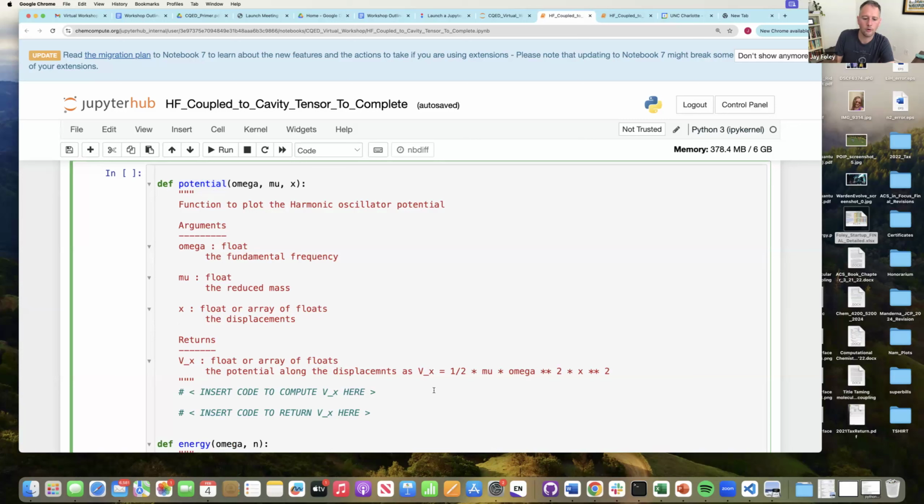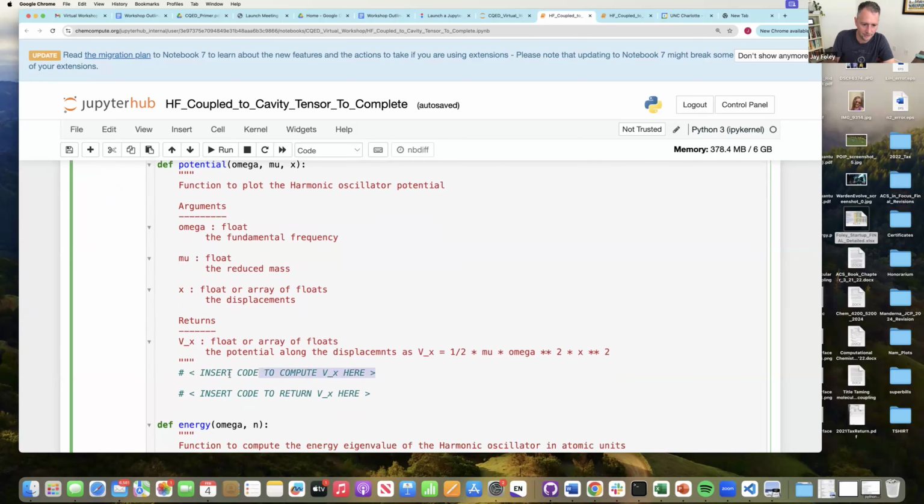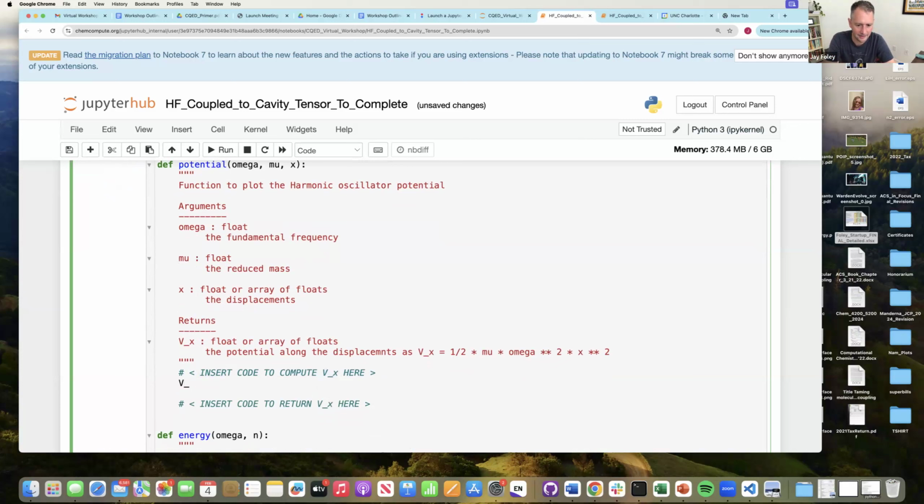Okay, so we'll come down here to this comment, insert code to compute v sub x here, and we'll say v underscore x is equal to the number 1/2 times the input argument mu times the input argument omega squared times the input argument x squared.